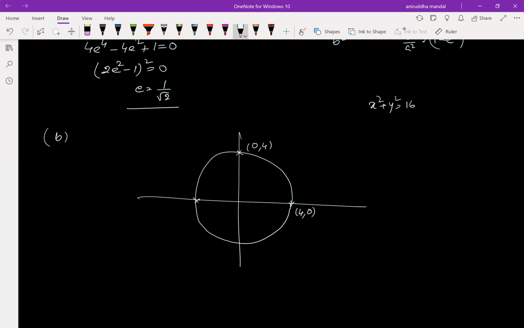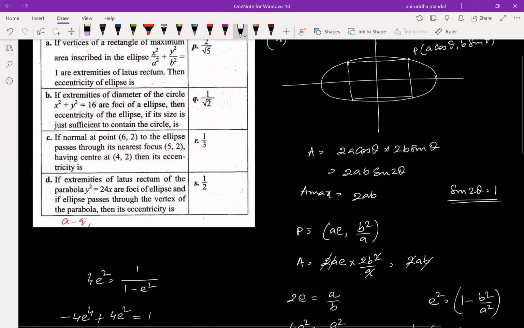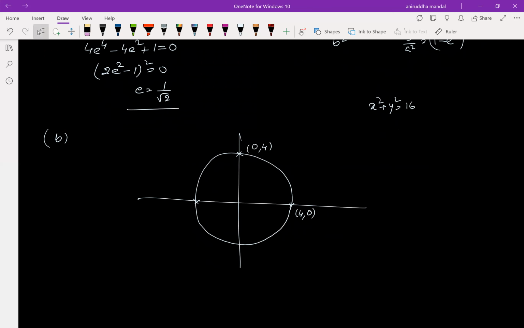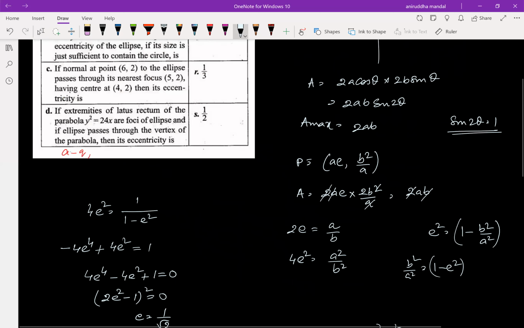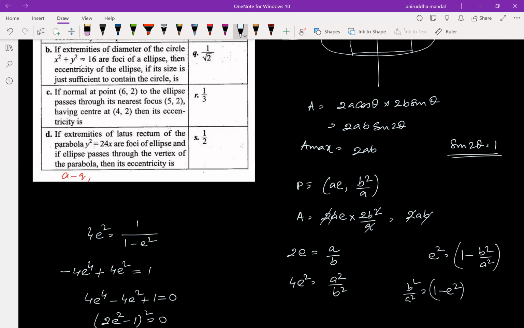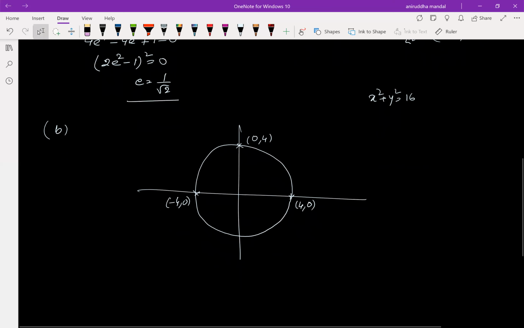Okay, and what is given is that the extremities of the diameter of the circle are the foci of the ellipse. Okay, so this is one diameter, and these are the foci of the ellipse. So let's draw the ellipse, and it is given that the size is just sufficient to contain the circle, which means this ellipse will pass through this point.